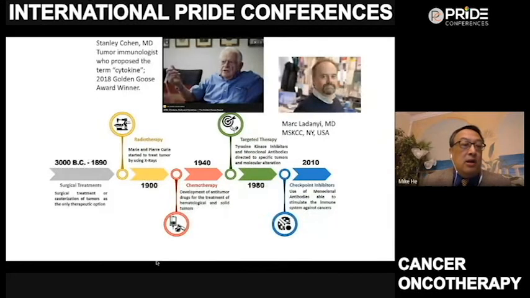You can see on the top left is Dr. Stanley Cohen, who is a famous tumor immunologist who proposed the term cytokine during the first wave of immunotherapy. He was one of my PhD mentors.